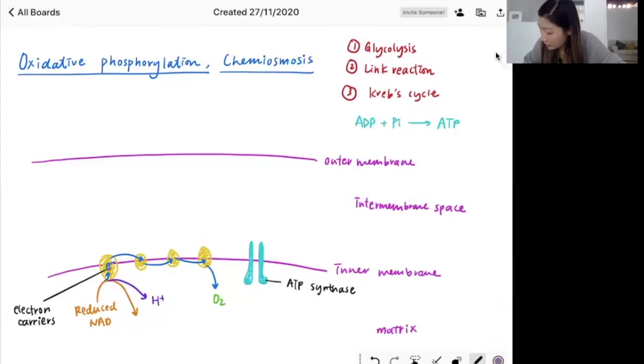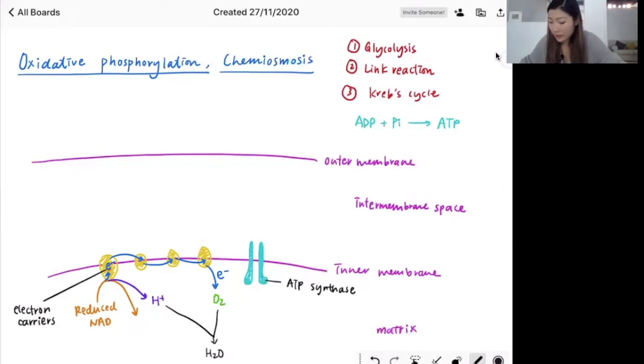So oxygen picks up the electron from the electron transport chain and the hydrogen ion to form water. Formation of water. Hence water will be a byproduct in cellular respiration.